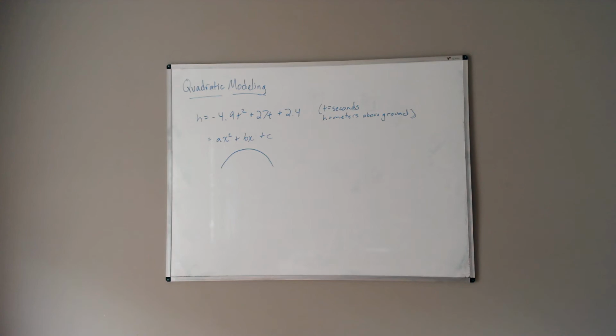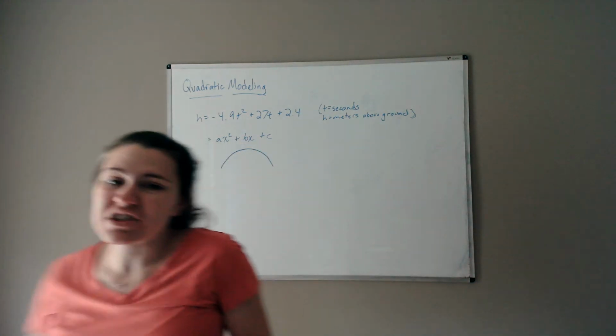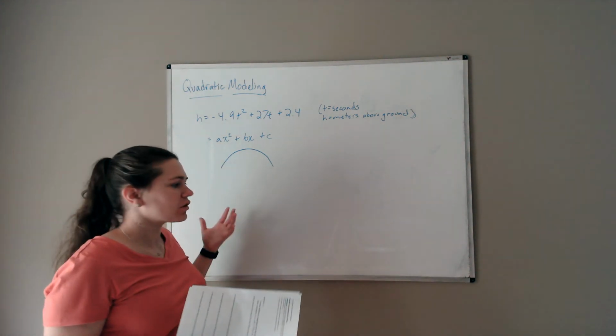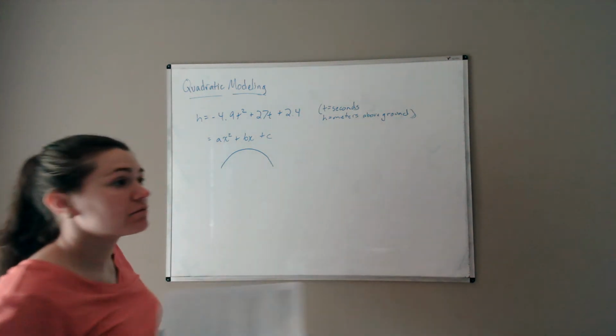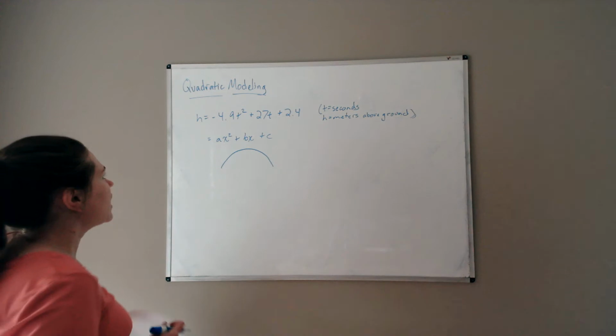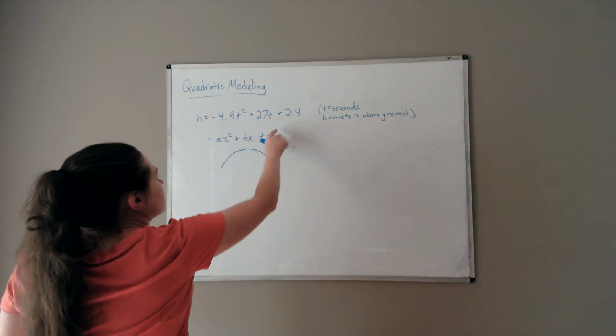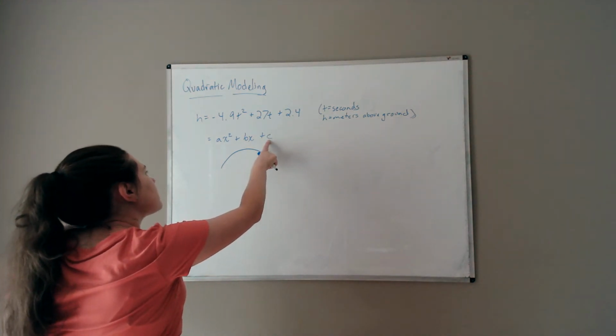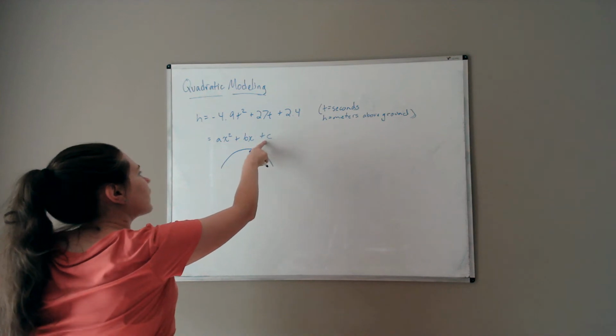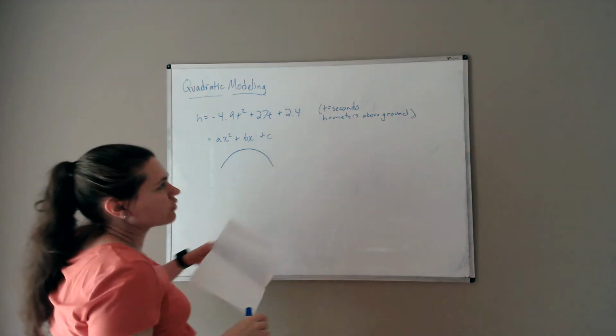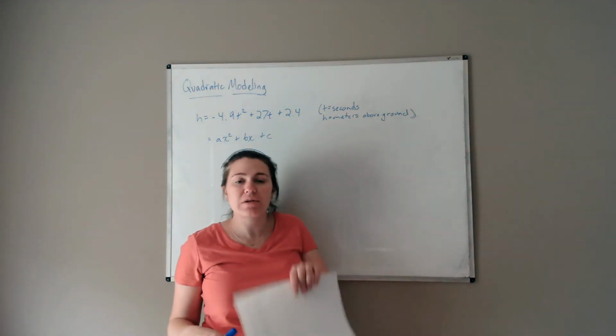Now, most of our models don't take into account air resistance, unless someone's actually out there grabbing the data, then you can account for air resistance and so forth. But your constant term is going to be how high you are off of the ground to begin with, your initial height.